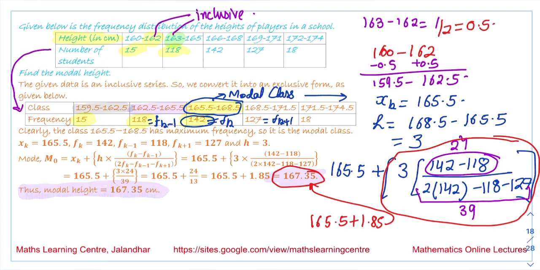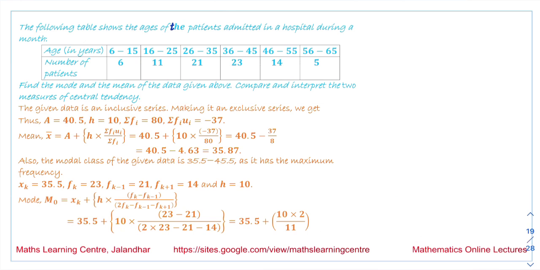Now next we have the following table, which shows the ages of the patients admitted in a hospital during a month. Again, if we look at these values, the data given to us is in the inclusive form. So to convert it to the exclusive form, we are subtracting 0.5 and adding 0.5 to the lower and upper limits of these classes, and this data will convert to the form.